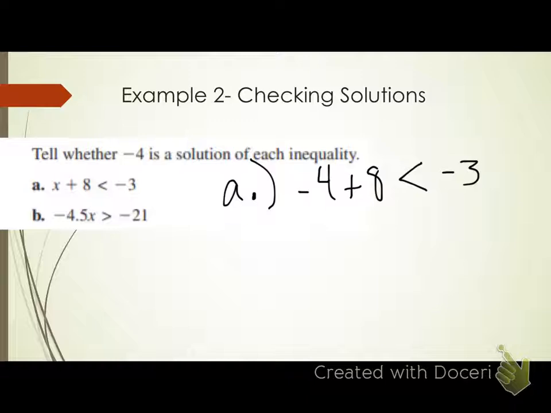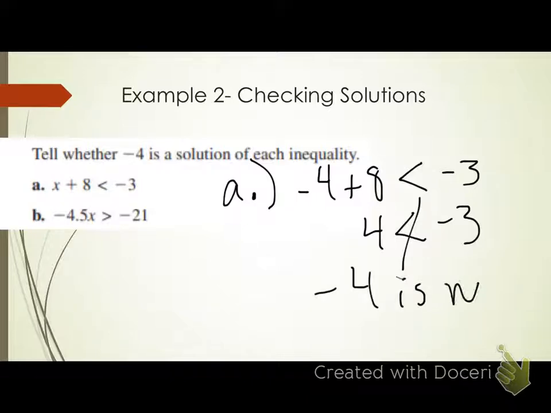Negative 4 plus 8 gives me 4 is less than negative 3. So I'm asking myself, is 4 less than negative 3 a true or false statement? It's a false statement. 4 is not less than negative 3. So negative 4 is not a solution on letter A. If you plug it in, you get a false statement. It is not a solution.